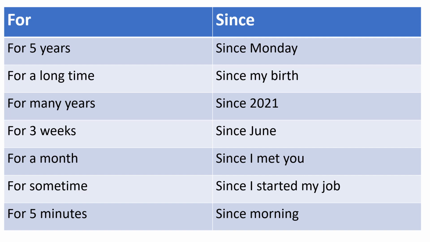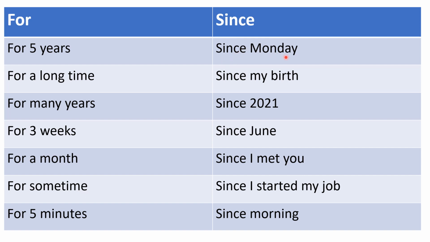Now let us revise the use of for, the use of since. We use for complete duration of time, for 5 years, for a long time, for many years, for 3 weeks, for a month, complete month, for some time, for 5 minutes, complete duration of time, we use for. Since, I told you, when the action begin.